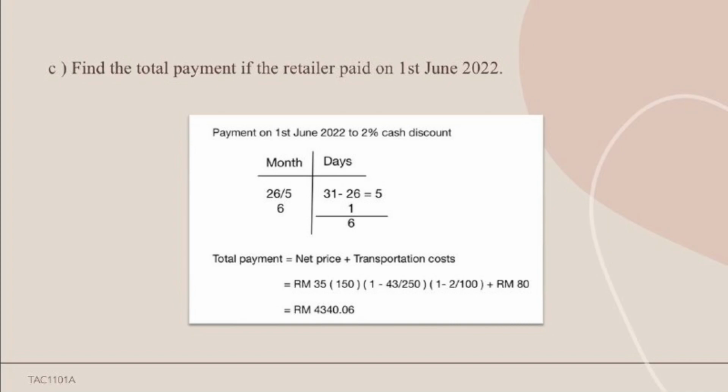So, for the net price we must times 35 ringgit times 150, and in bracket 1 minus 43 over 250, and in bracket 1 minus 2 over 100, and plus transportation cost, which is 80 ringgit.